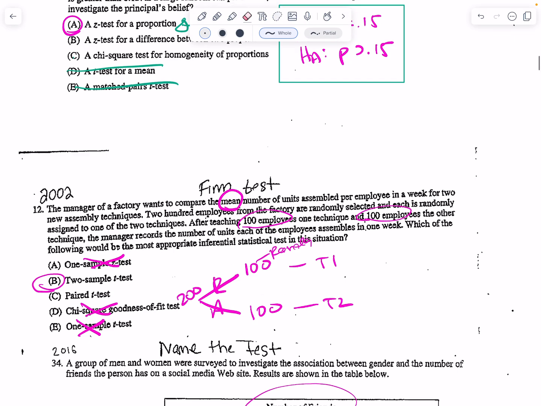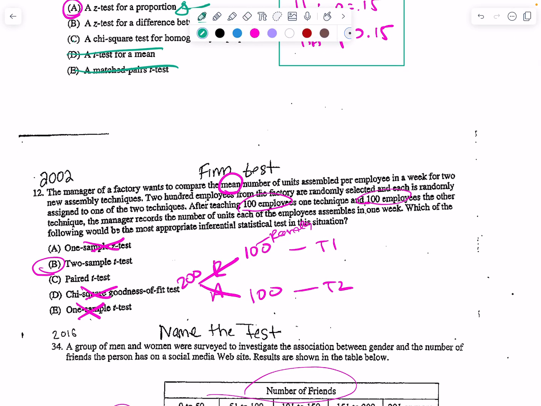For this one here, we have means, and you can see that I have two separate samples, the employees, so immediately I can get rid of the Z's, and I can get rid of the one sample because I have two samples, so I know it's either a paired or a two sample T. But I know it's a two sample T because let's say Randy is in sample 1. He is not connected to anyone in sample 2. There's no connection.